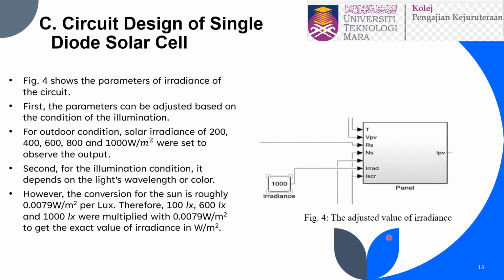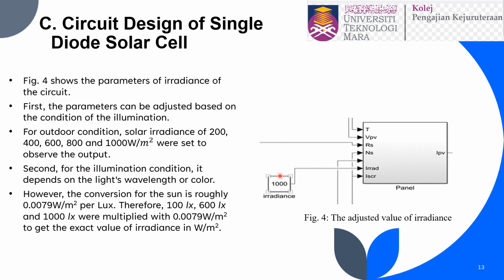This is the adjusted value of irradiance as shown in figure 4. All of the parameters were adjusted as in figure 4. First, the parameters can be adjusted based on the condition of the illumination. For the outdoor conditions, irradiance of 200, 400, 600, 800 and 1000 watt per meter squared was set to observe the output.